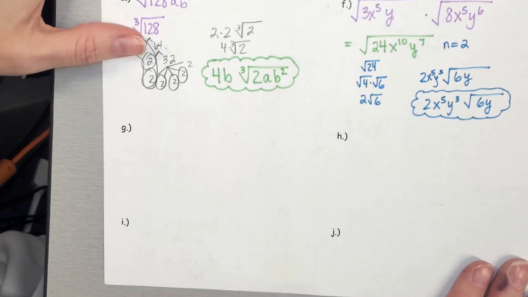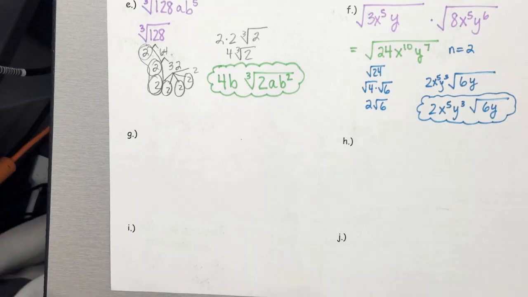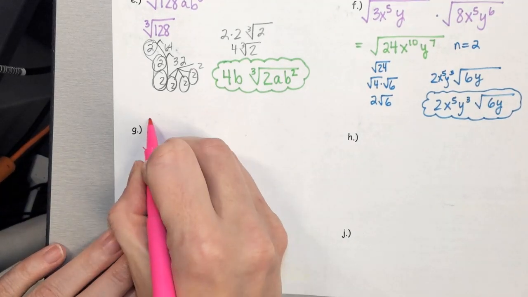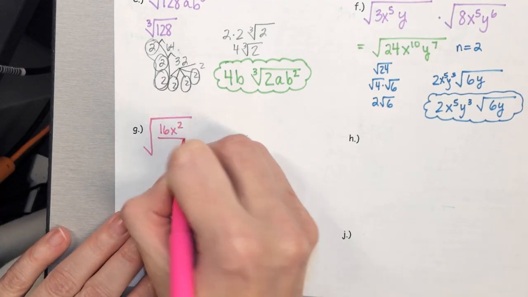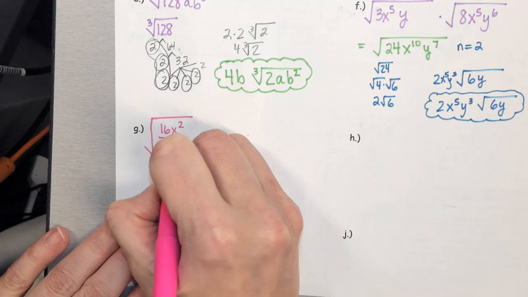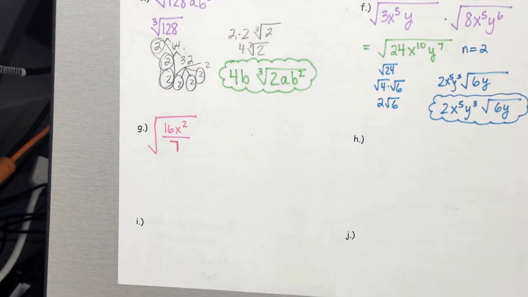We're going to do more of the division tomorrow, but I'm going to give you a sneak peek in case you want to do more on your worksheet that's required today. So you have the square root of 16x over x squared.